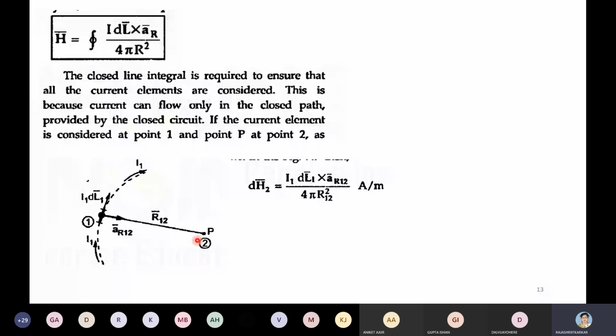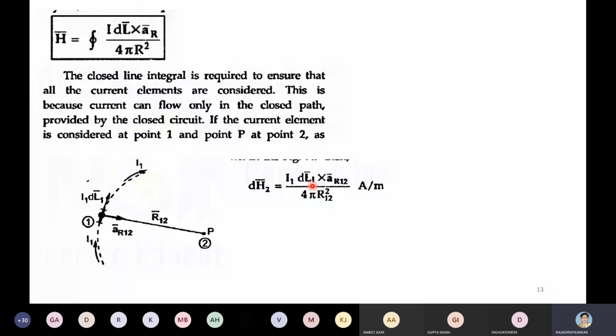The current which is flowing is I1, which I am assuming. So we know that I dl ar bar upon 4 pi R square, so it is I1 dl1, that is the length of the conductor, cross ar, that is the unit vector.